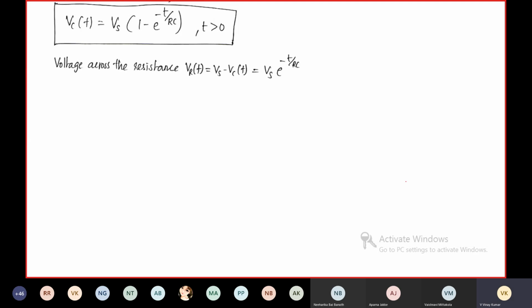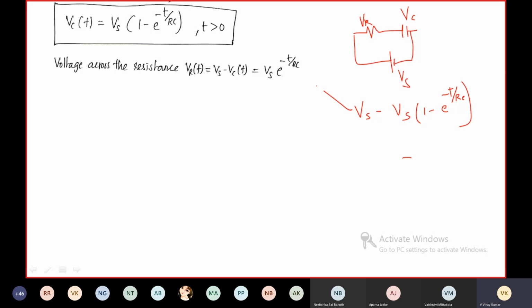Now the voltage across the resistance. VR, Vc, Vs. So VR of t is equal to Vs minus Vc of t, which is equal to Vs minus Vs into 1 minus e power minus t by RC.